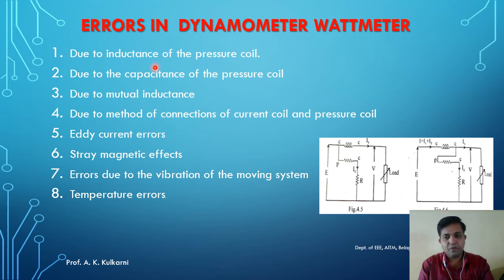The calibration of the entire meter shows some error. Whatever the pointer is moving on top of the scale, right? It will now tend to show somewhat less or more reading of the voltage or power. So in this way, the error will be created in the wattmeter.